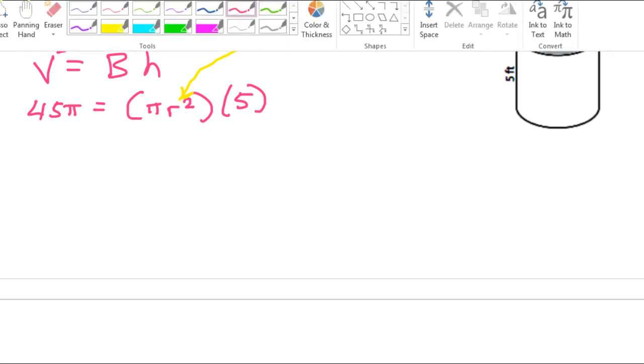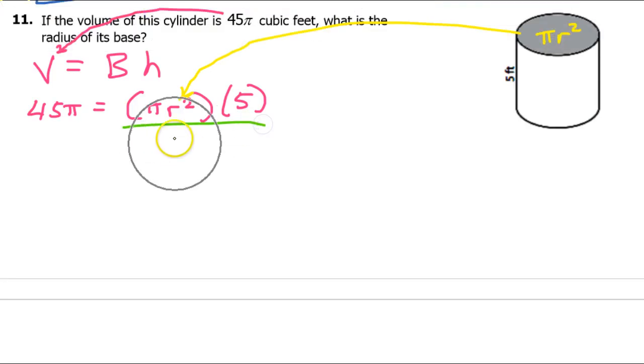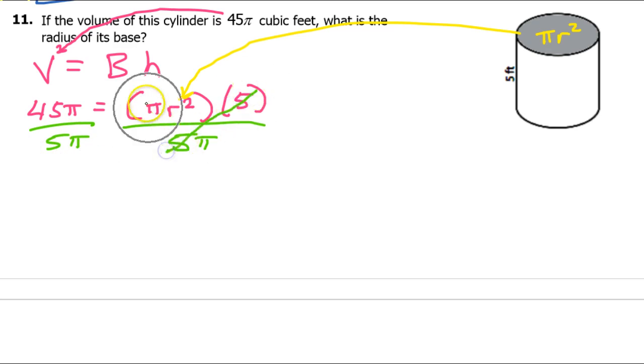So what I'm going to do next is divide both sides by 5 pi, because that will cancel out the 5 and the pi and leave just r squared. On the left-hand side, the pi's cancel each other out as well.